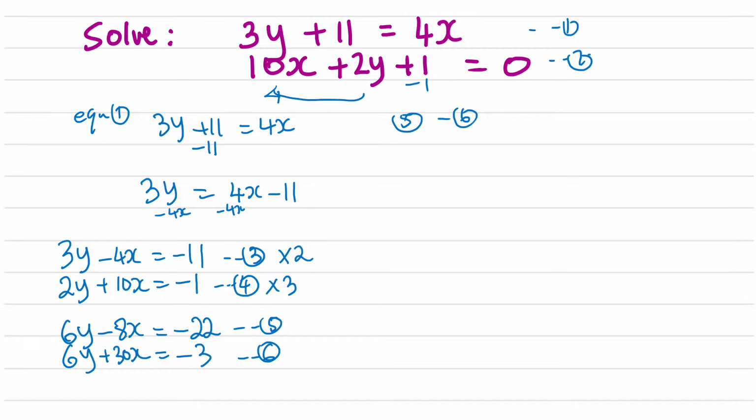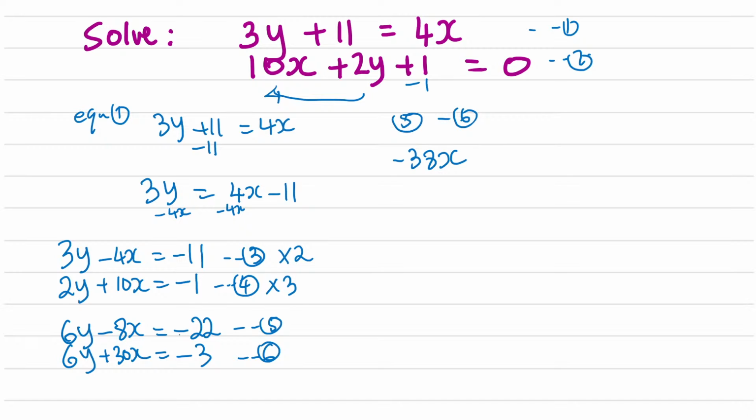Negative 8x take away positive 30x. So that becomes negative 8 take away 30. That's going to be negative 38x.